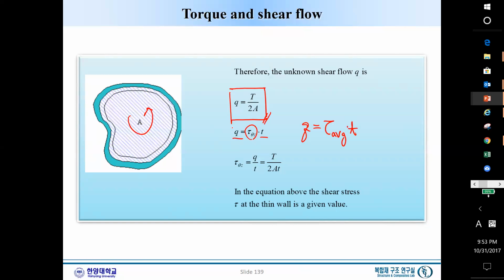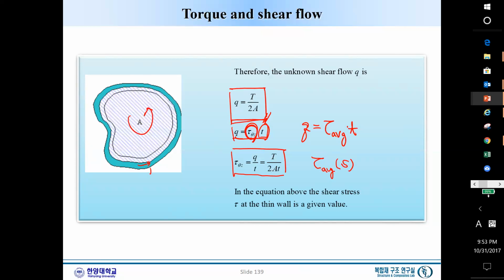Since Q is the average tau times the thickness T, tau is the shear flow Q divided by T, and so the torque T we apply divided by twice A and T. So tau average is a function of S.